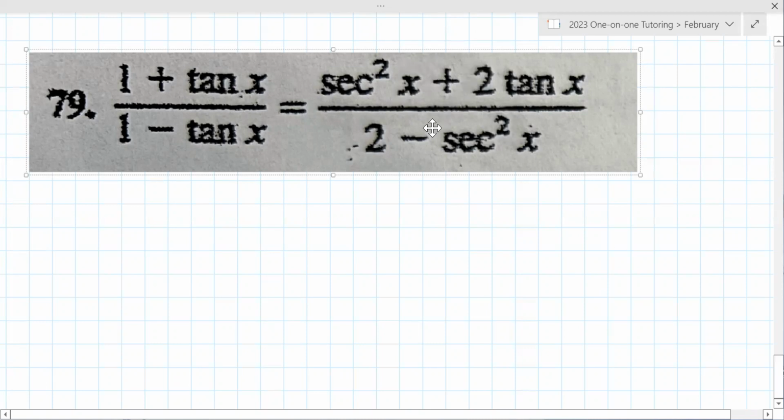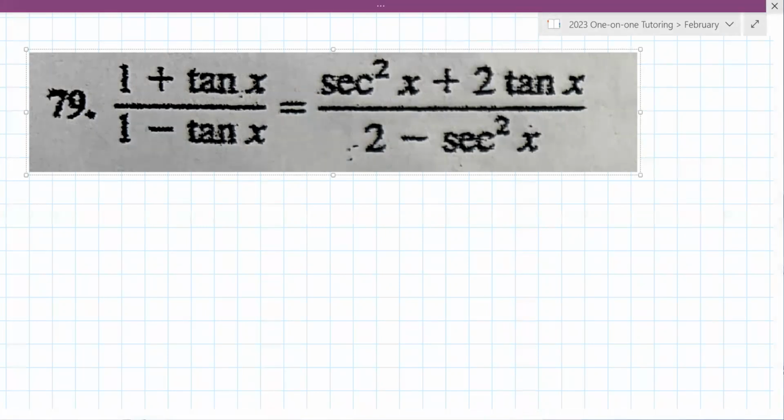Whenever you see squareds, you really should think identities. So is there an identity that comes to mind for secant squared? So tangent squared plus 1. That's right.